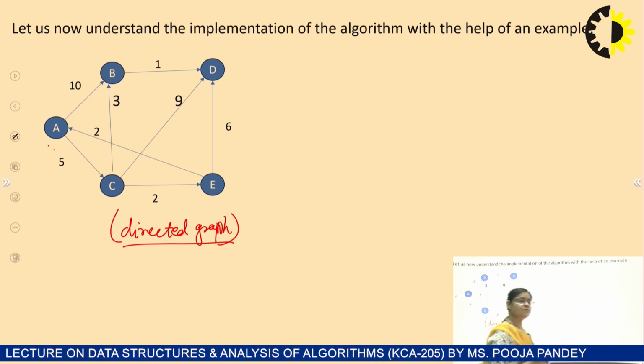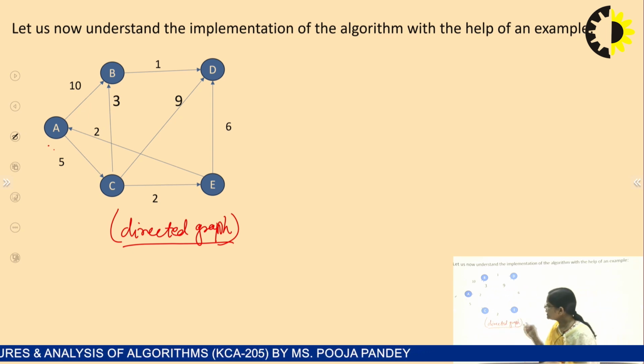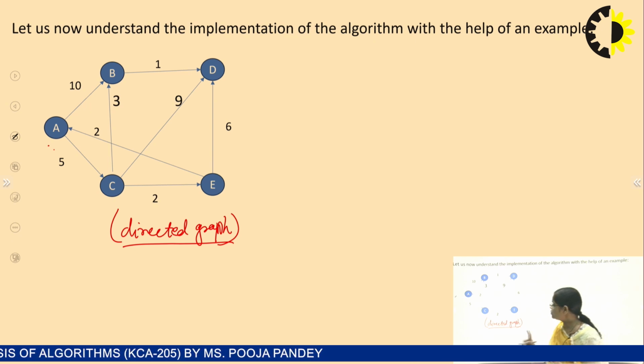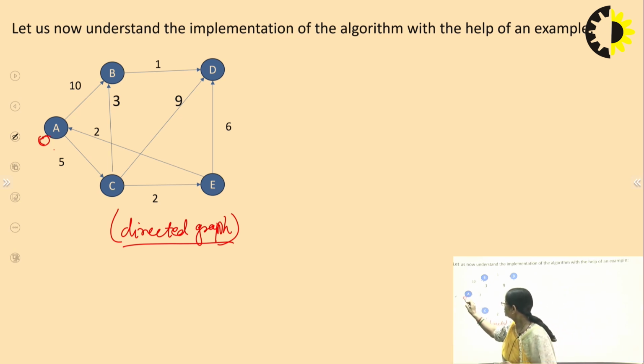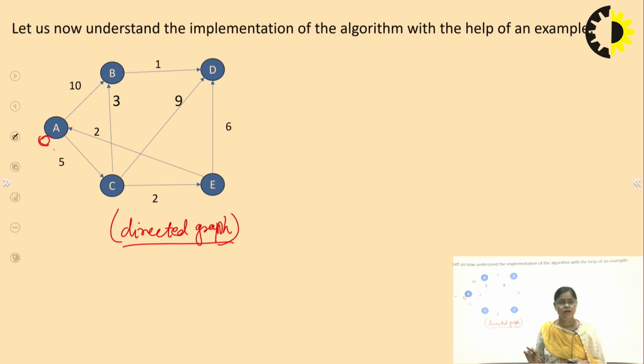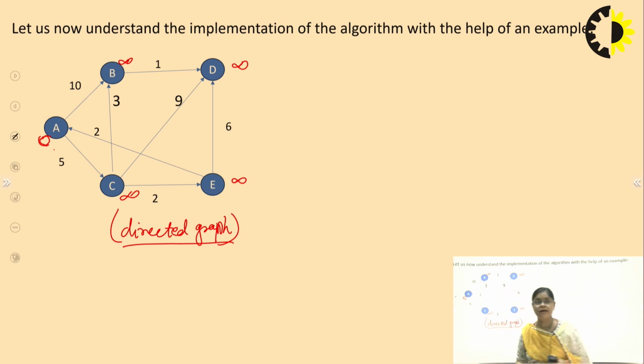Now, if you remember the algorithm, according to the algorithm our source vertex should be 0, okay? And the other vertices I mark as infinity. It means that I don't know what the value is at the B vertex.